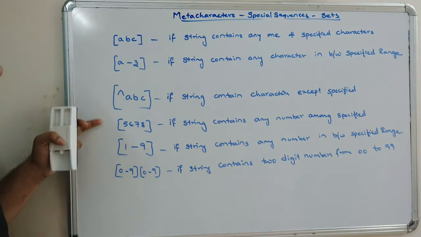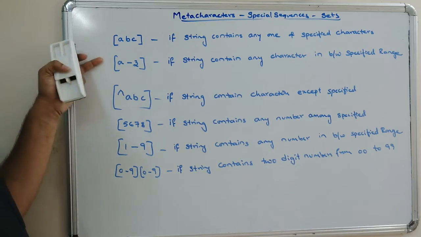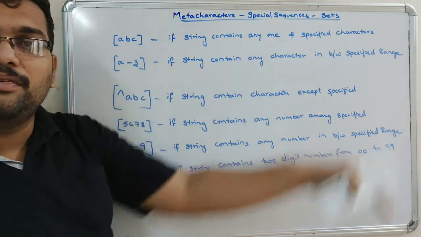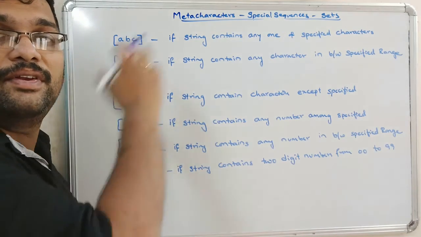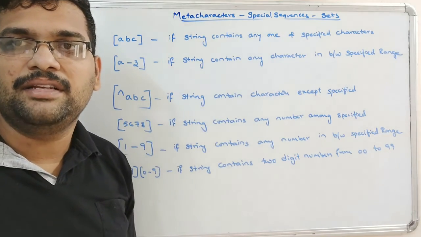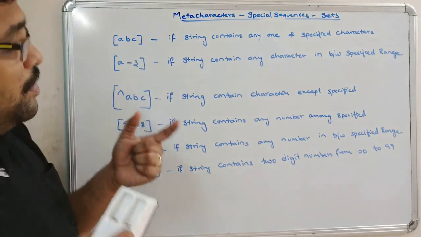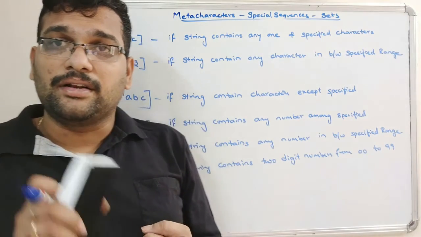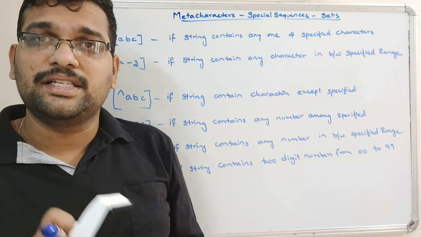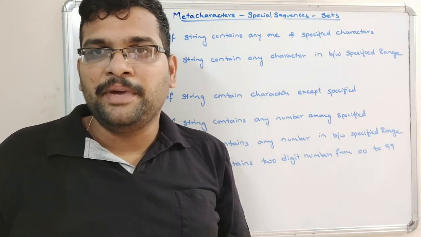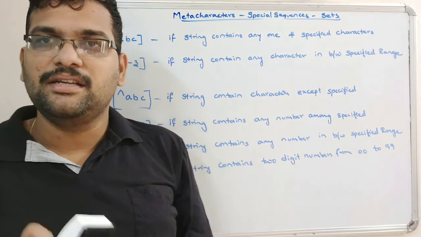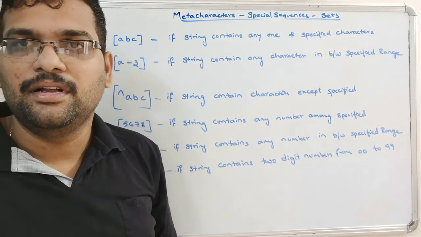So all this is what they call sets. We specify them in between the square braces and we search for the pattern in the given string. So the functions, the meta characters, the sequences, and also the sets will be used for pattern matching in regular expressions in Python, right?